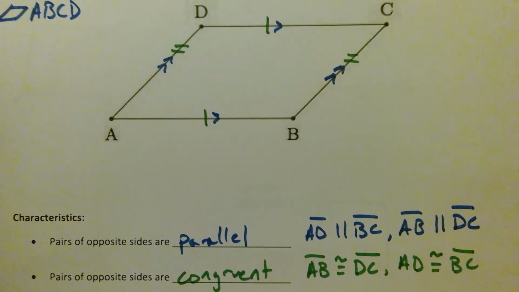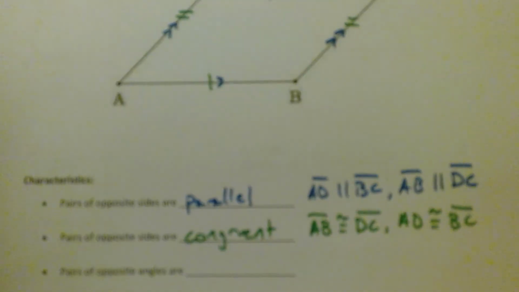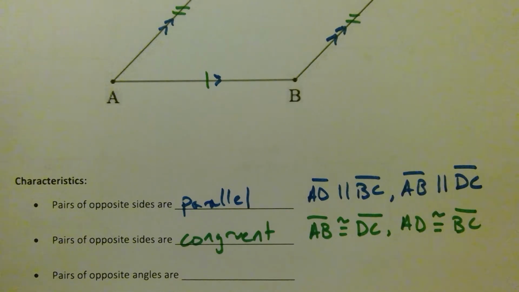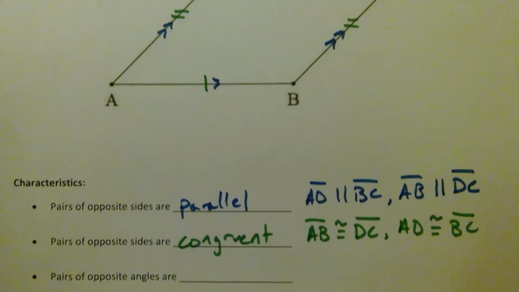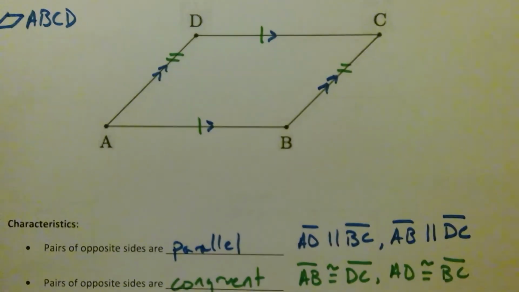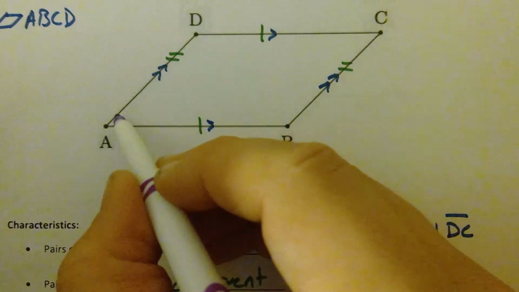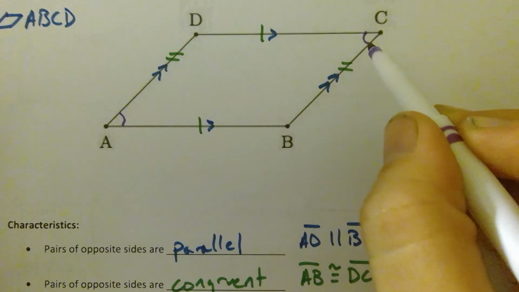Now, we're moving right along to our angles here. Pairs of opposite angles, so that would be angles that are across from each other in our parallelogram, these angles are congruent. Okay? So, if I'm going to my opposite angles, I'll have angle A and angle C. They're across from each other in my parallelogram.